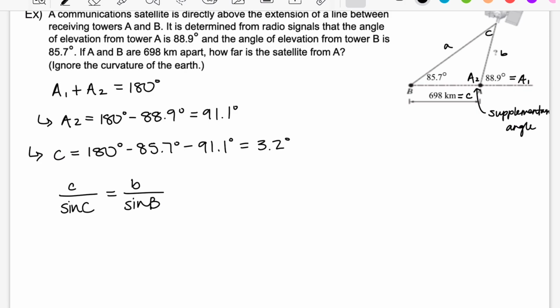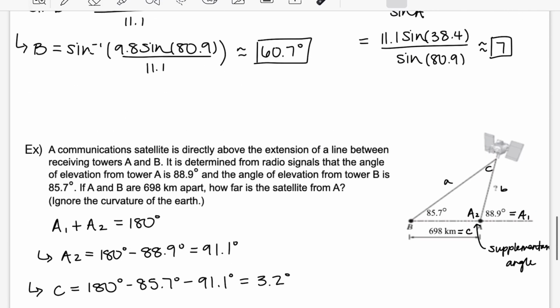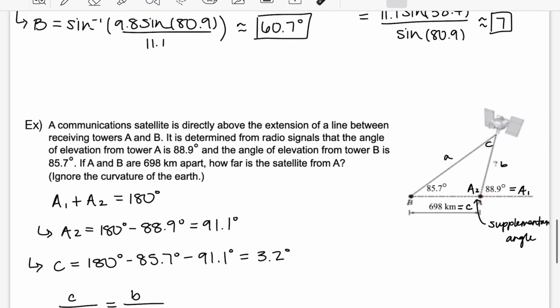So we can do that by multiplying by sine of B on both sides here. We'll get little c times sine of our angle B over sine of C is going to be equal to this side length B here.